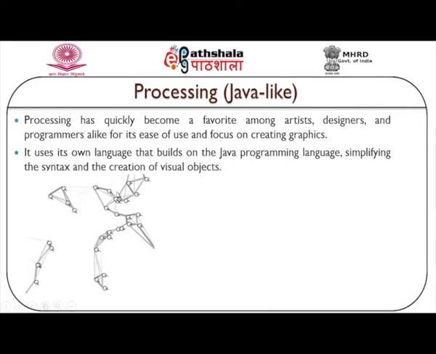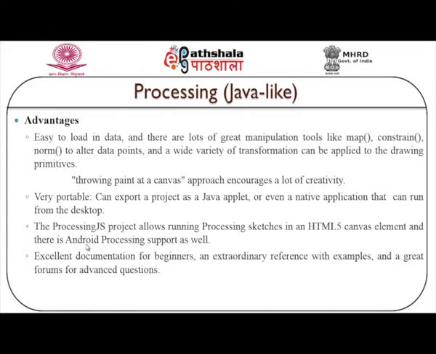So here is a screen which shows the creation of graphical objects using the Processing Java-like language. Some of the advantages of this tool are that it is easy to load in the data, and there are lots of great manipulation tools like map, constrain, norm to alter the data points, and a wide variety of transformations can be applied to the drawing primitives.